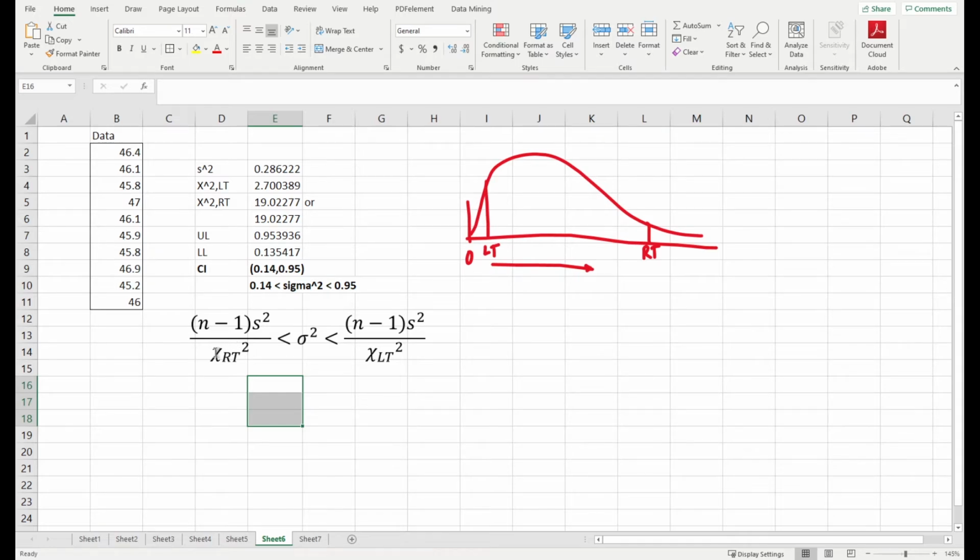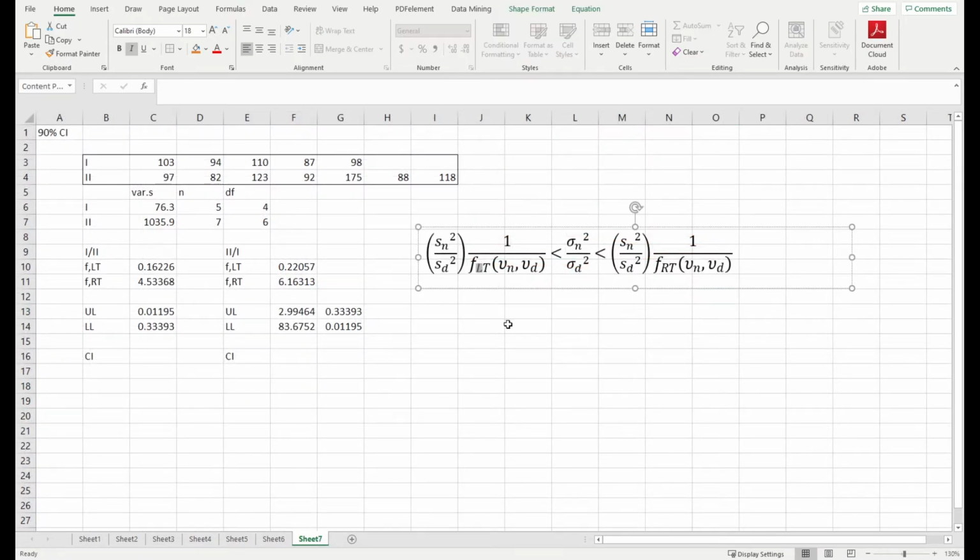Kung nasaan si right tail, siya dapat yung nasa lower limit since nasa denominator siya, making the term smaller. And likewise, si left tail should be at the upper limit since denominator siya, and a smaller value at the denominator will yield a larger overall value for the term. So this should be RT, this should also be LT.